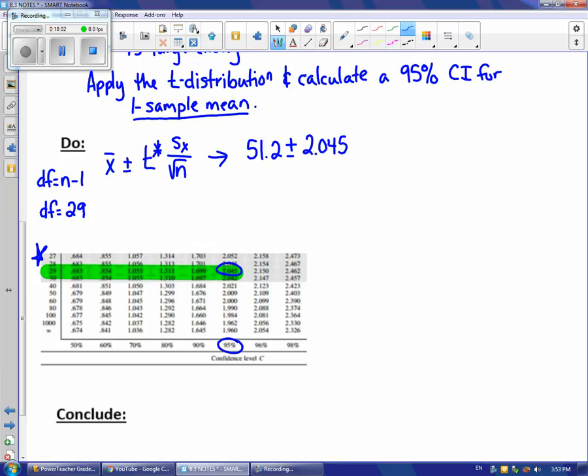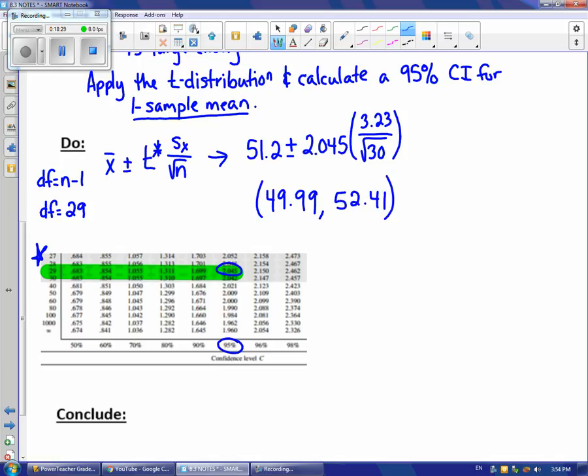Now I'm going to use my statistic for my standard deviation, which was $3.23 over the square root of my sample size, which was 30. Now calculating that interval, we're going to get 49.99 to 52.41.